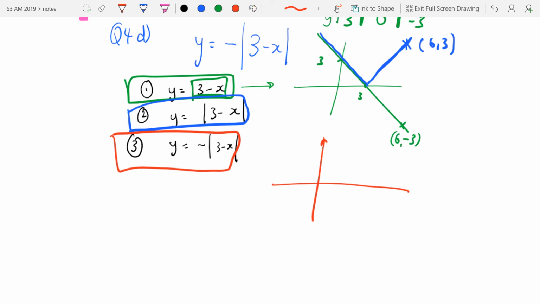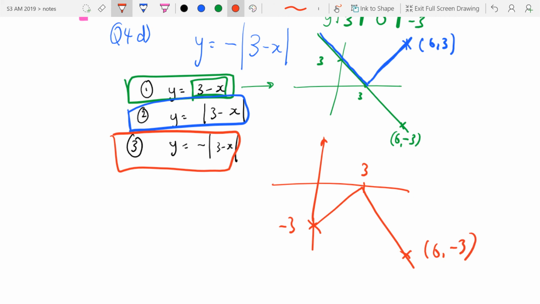The tick is on top. If I reflect on the x-axis, the tick will be below. So therefore, my final graph looks like that. And only 2 of you got it correct. But it doesn't matter. Now you know you won't make the mistake in O-level.